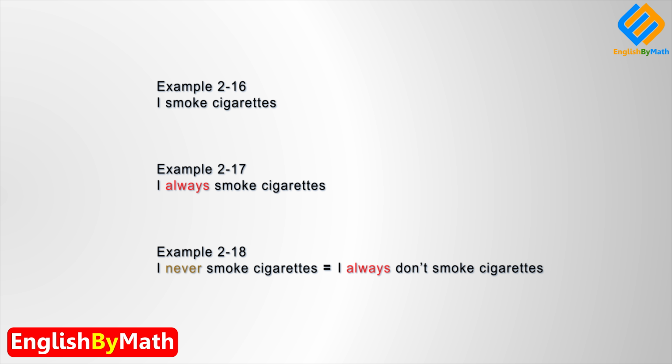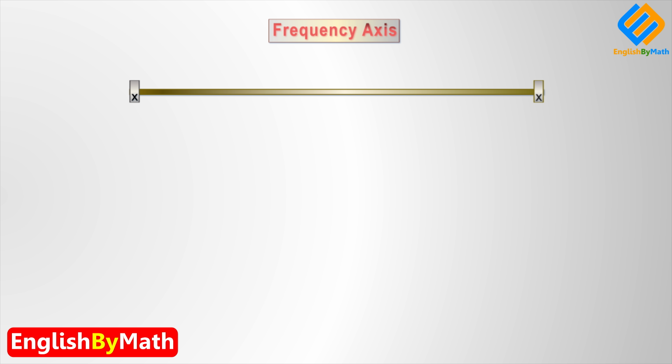There are therefore logical relationships between these frequency words. These logical relationships can be outlined on the frequency axis, where we have 100% positive and 100% negative, or 100% affirmative and 100% negative.